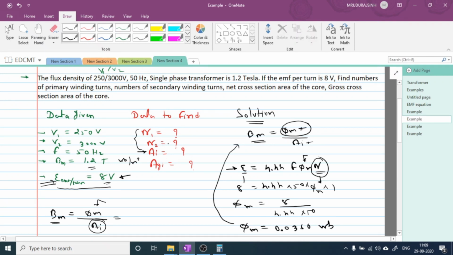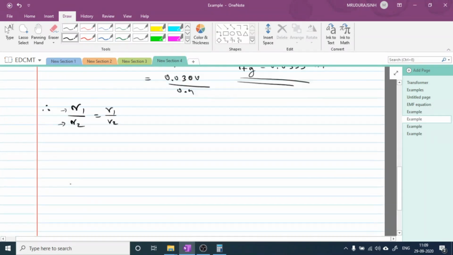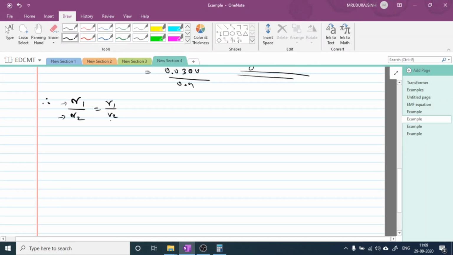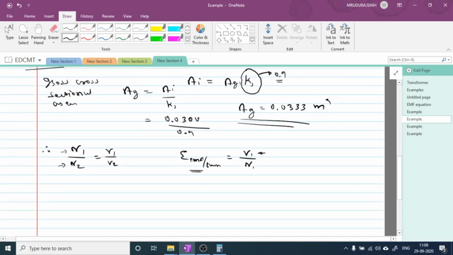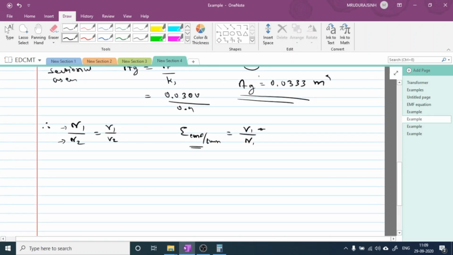See, EMF per turn. So what is EMF per turn? Let me write over here. This is EMF per turn. It's ultimately EMF by turns ratio. So V1 by N1 ratio. And the value of EMF per turn is given. The value of V1 that we know, that is 250. So we can easily calculate N1.